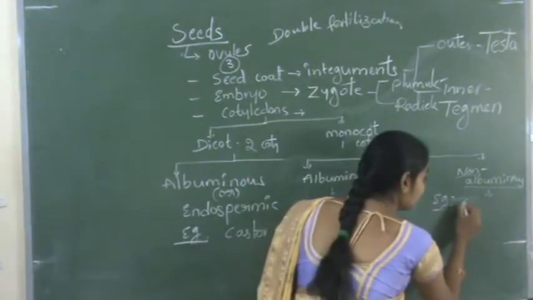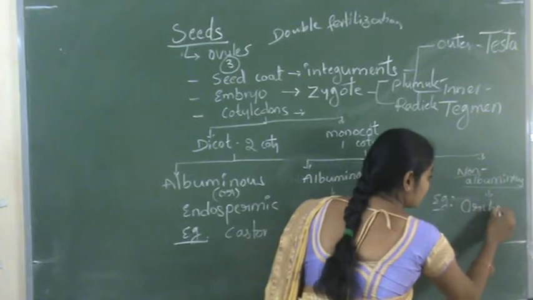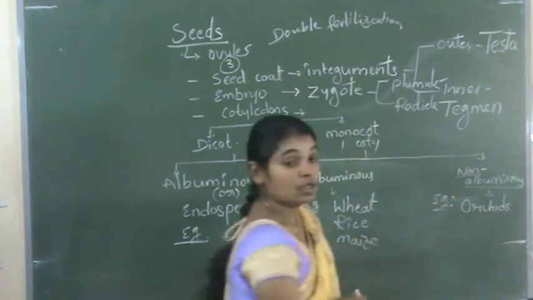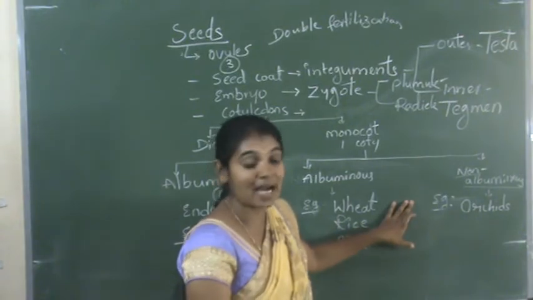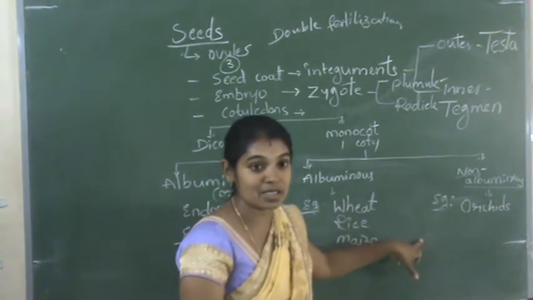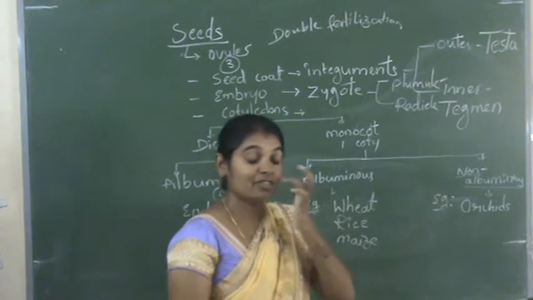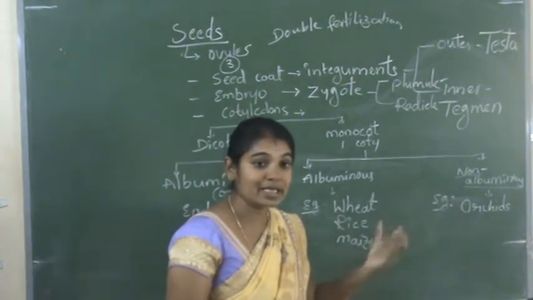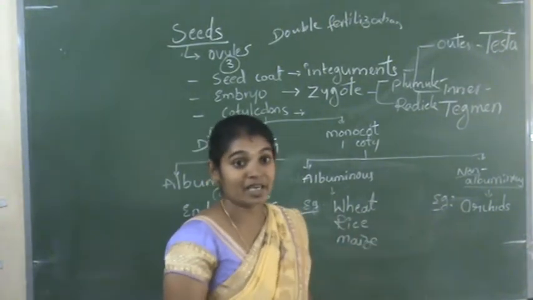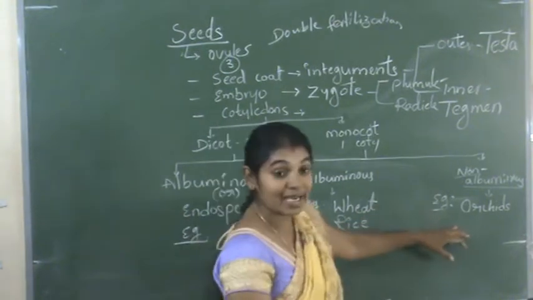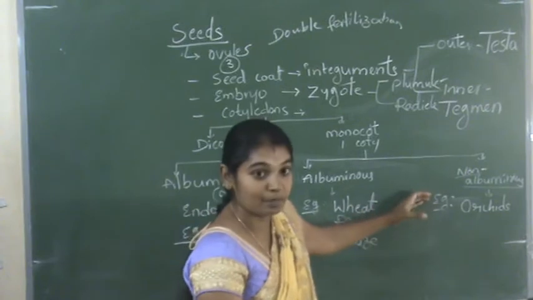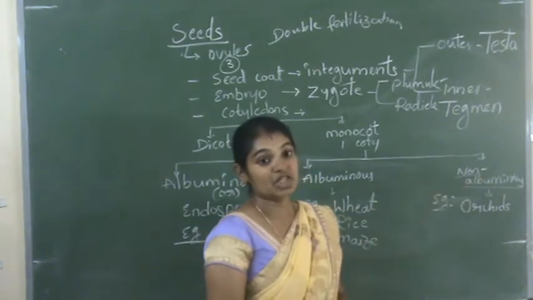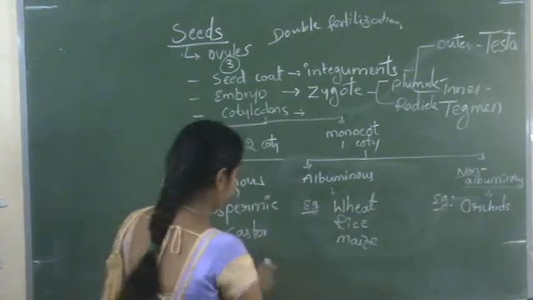An example for this is orchids. We can define the viability of seeds on the basis of the presence or absence of endosperm. If the endosperm quantity is more in the seeds, there can be longer viability. If there is less reserved endosperm, then the germination period is shorter.